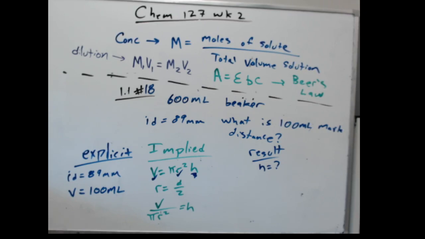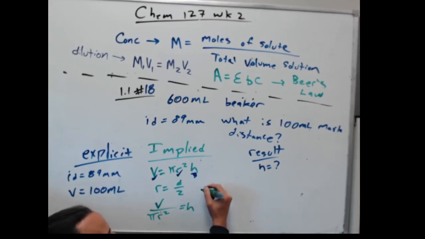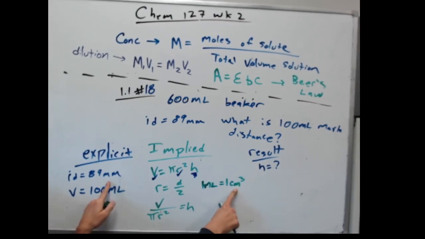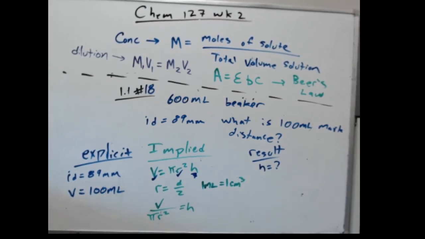This is in millimeters. Milliliters here, I can write 1 milliliter equals 1 centimeter cubed. Centimeters and millimeters aren't matching up. That's the real thing we have to be careful about, is the fact that the units don't match if we're not careful.